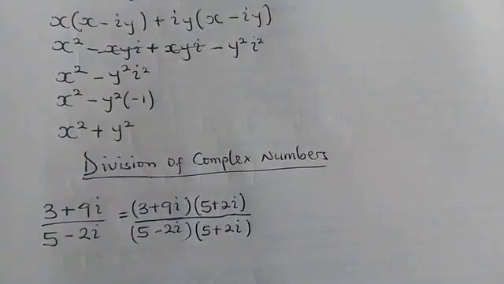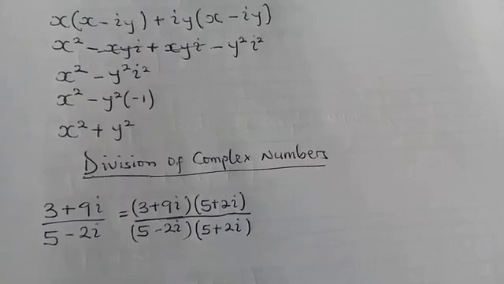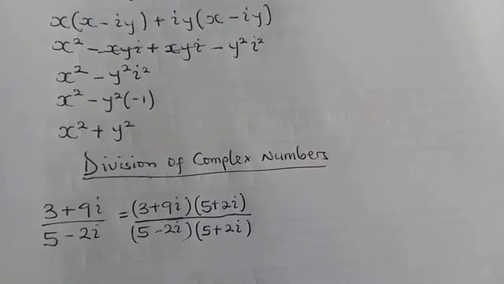So we just multiplied both the numerator and the denominator by the conjugate of this denominator. That is how to rationalize numbers. This same method applies when we are rationalizing surds.